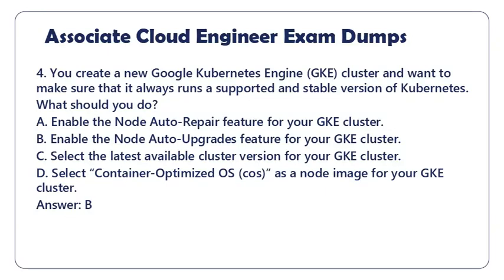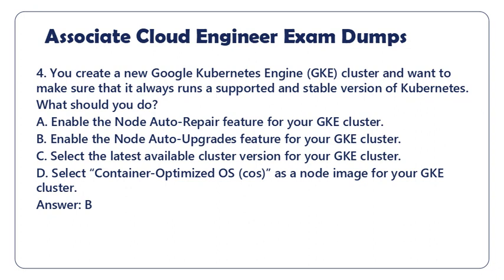4. You create a new Google Kubernetes Engine, GKE, cluster and want to make sure that it always runs a supported and stable version of Kubernetes. What should you do? A. Enable the Node Auto Repair feature for your GKE cluster.